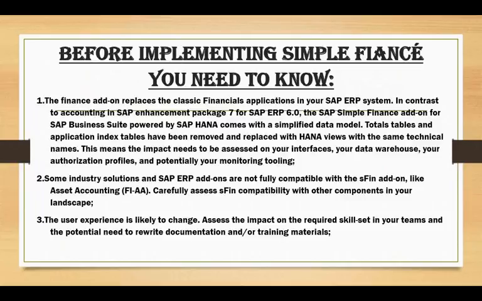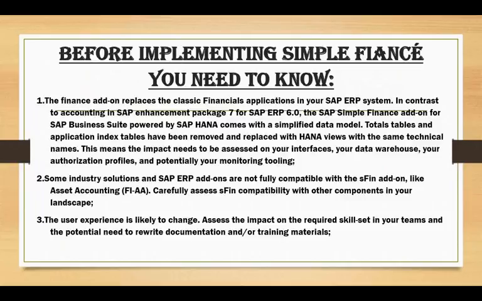This means the impact needs to be assessed on your interfaces, your data warehouse, your authorization profiles, and potentially your monitoring tooling. Some industry solutions of SAP ERP are not fully available, so we need to check asset accounting and other compatible add-ons.